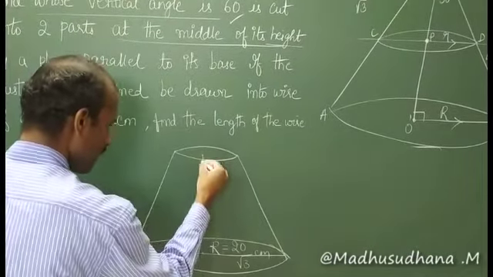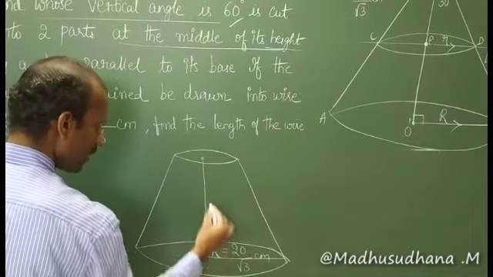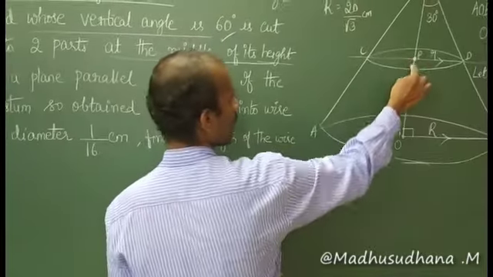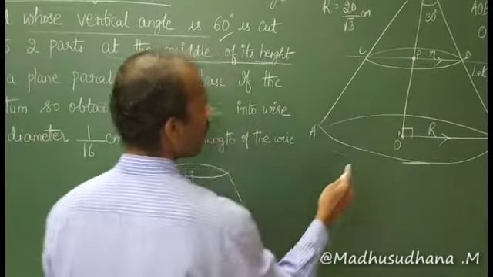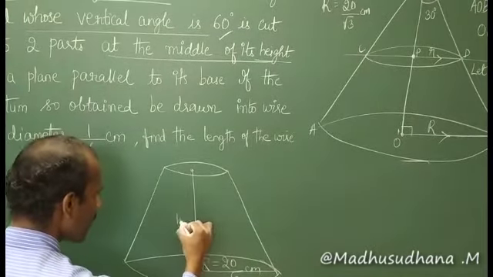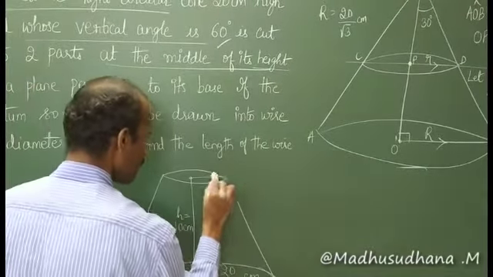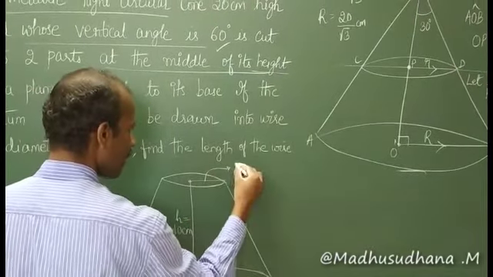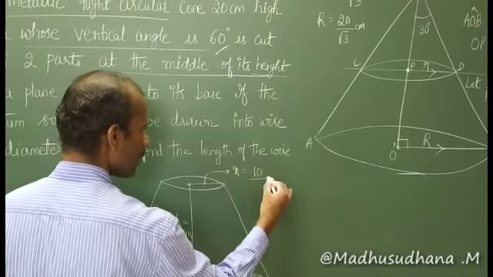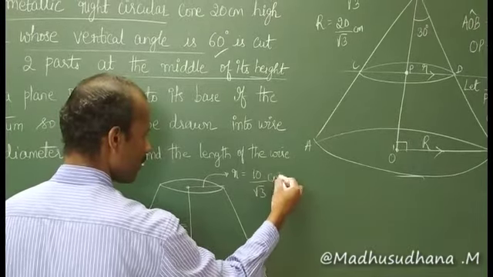The height, from here to here, is also 10 centimeters. And this small r is equal to 10 by root 3 centimeters.